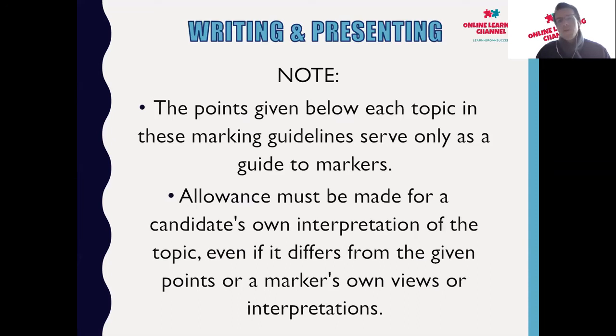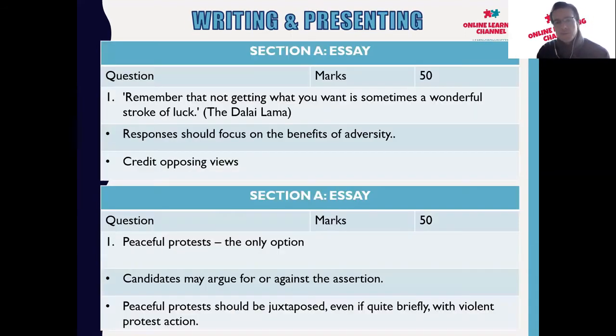So the examiner will never judge your essay or your contextual item according to their own viewpoints or opinions. It's very much based on how you as the student bring across your own interpretation of the topic, and how you share your viewpoints.